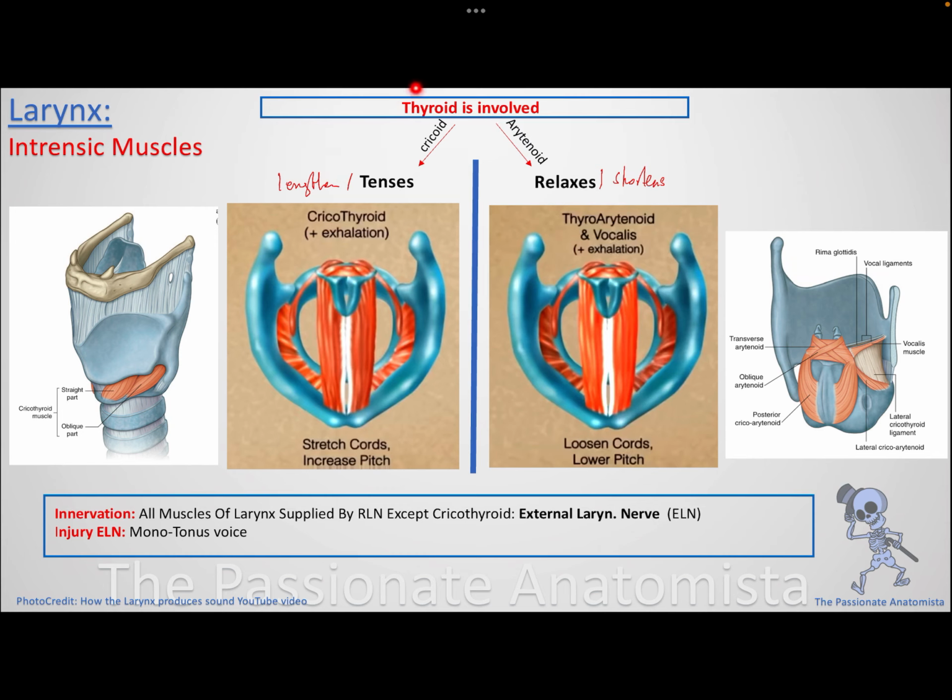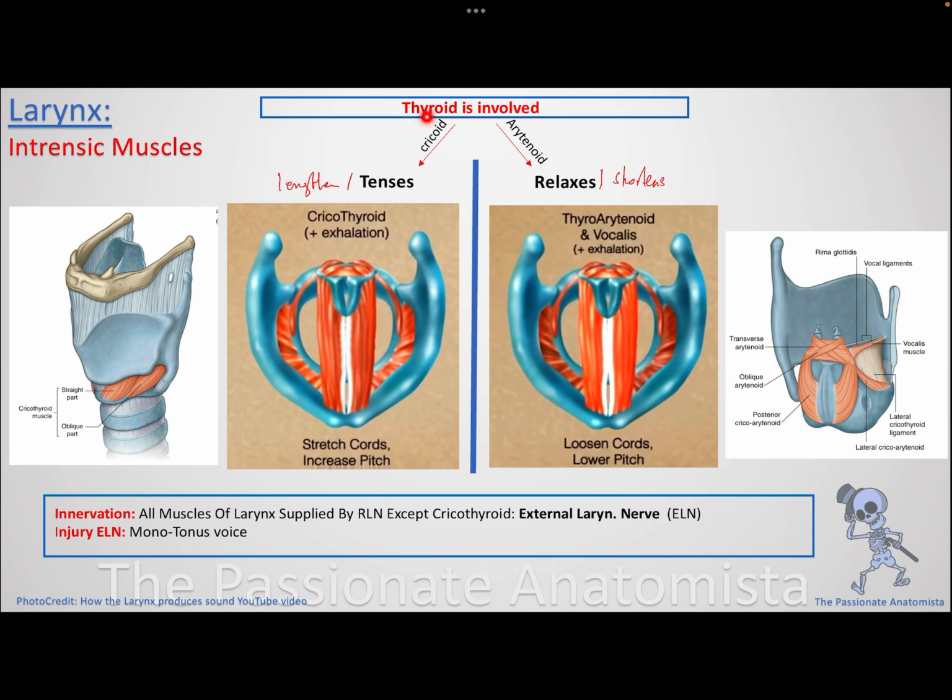So the thyroid is a very important cartilage, involved with the muscles that cause lengthening or tension, or relaxation or shortening, of the vocal folds. Remember the most important cartilages in the larynx are the thyroid, the cricoid, and the arytenoids.